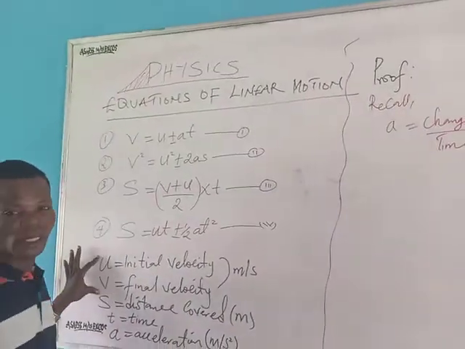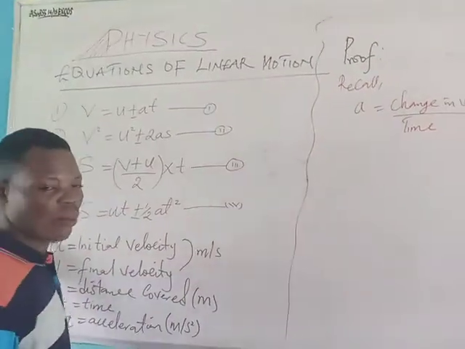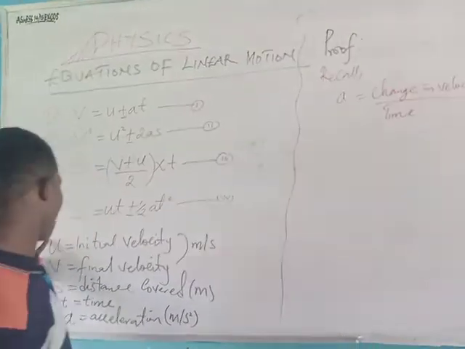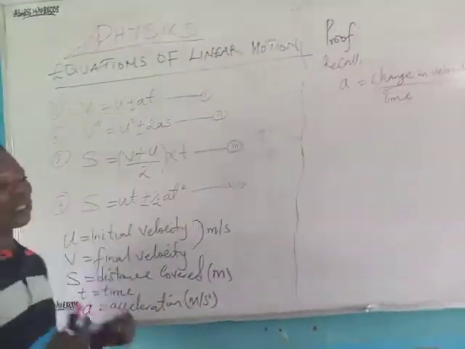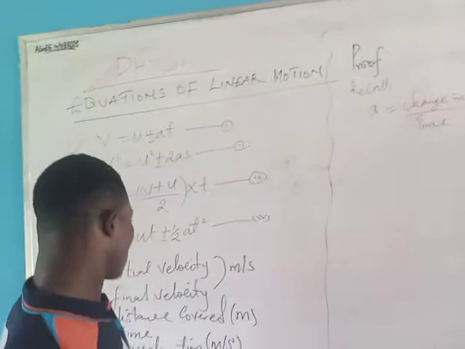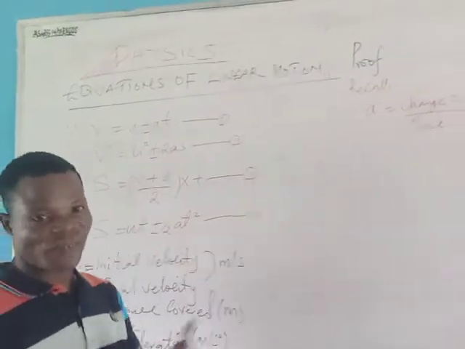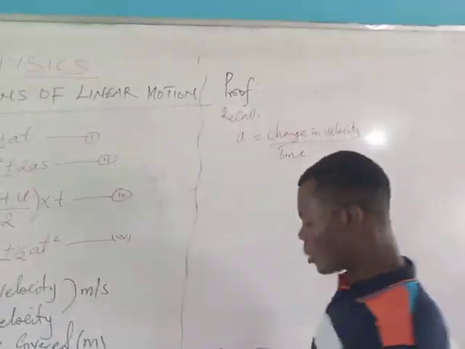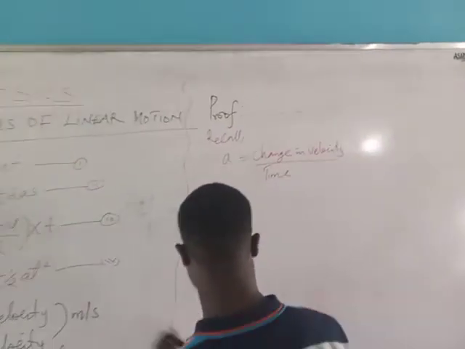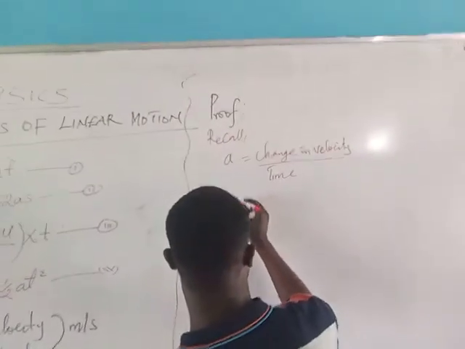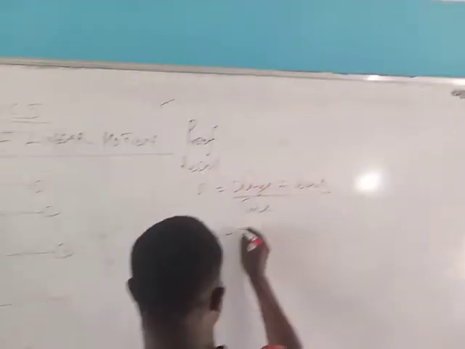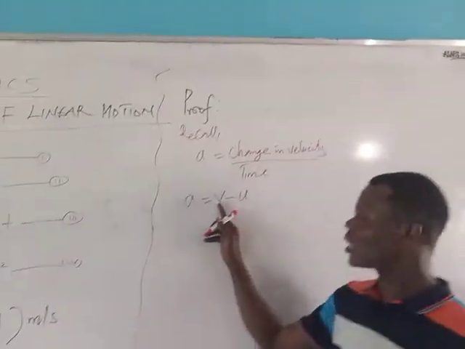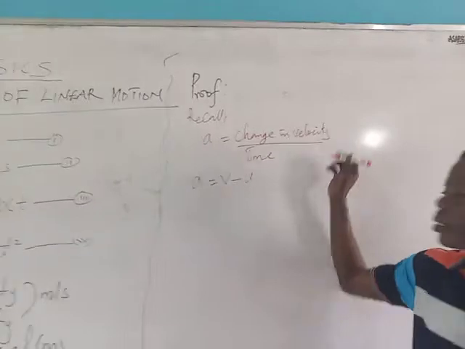The velocity a body used to start a motion and the velocity the body used to stop the motion, their difference is what we refer to as change in velocity. So we are going to say acceleration is equal to V minus U. That is what we mean by change in velocity.